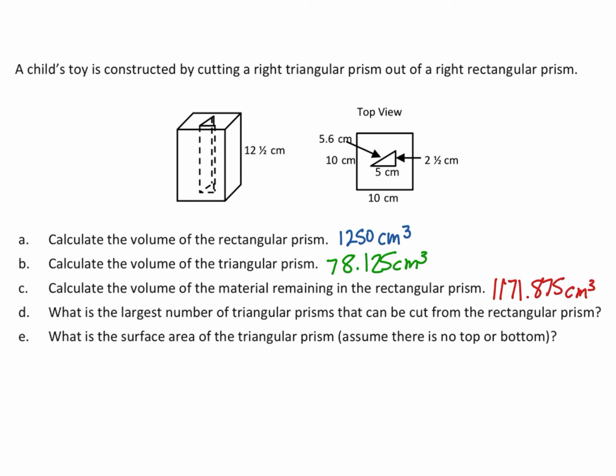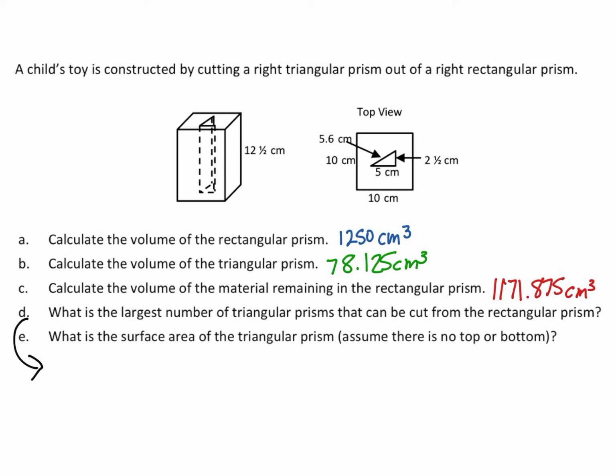D asks about how many triangular prisms would be cut from a rectangular prism. So we can think of this as a rectangular prism has maybe 12 cubes, and a triangular prism has 2. How many sets of 2 would fit into 12?